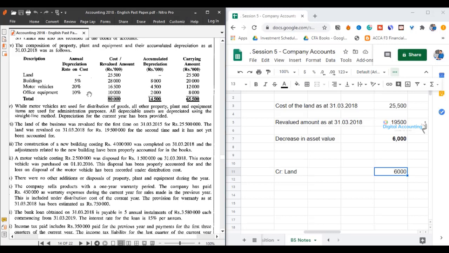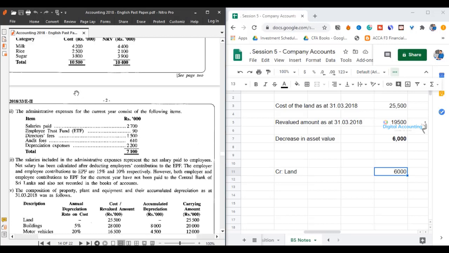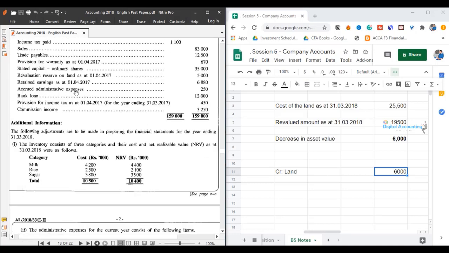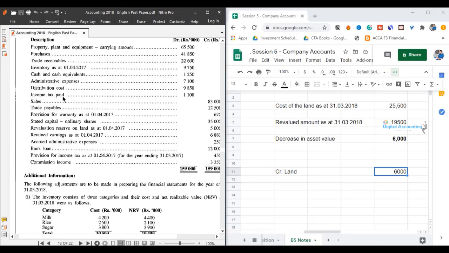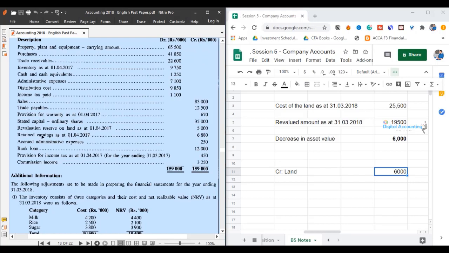We need to find that, because it should be carried forward for this accounting year. We can find it here: revaluation reserve on land as at 1st April 2017 is 5,000. The current year deficit of 6,000 is higher than that 5,000.